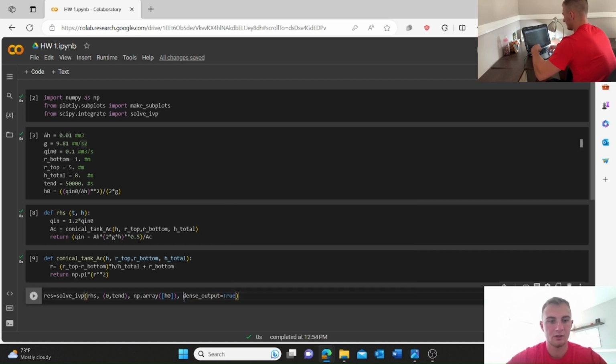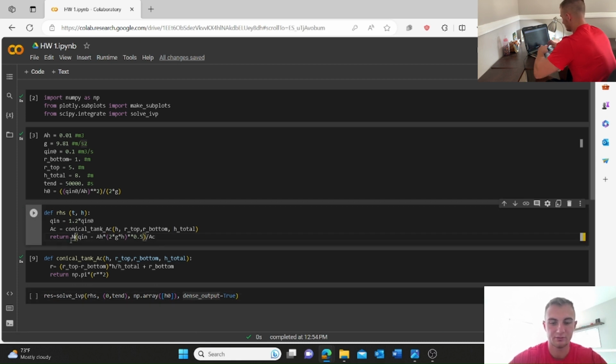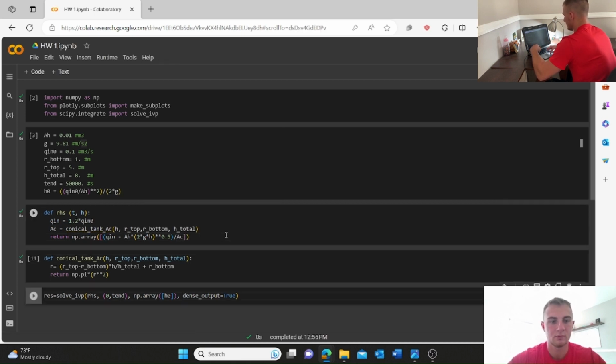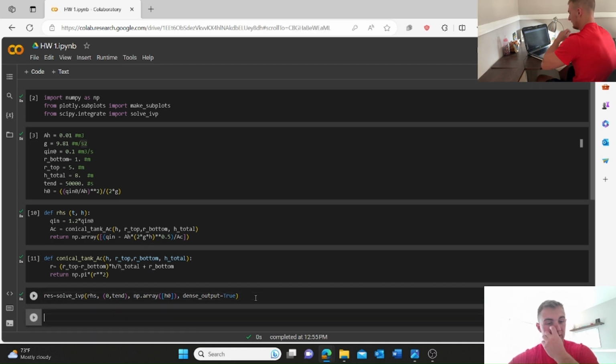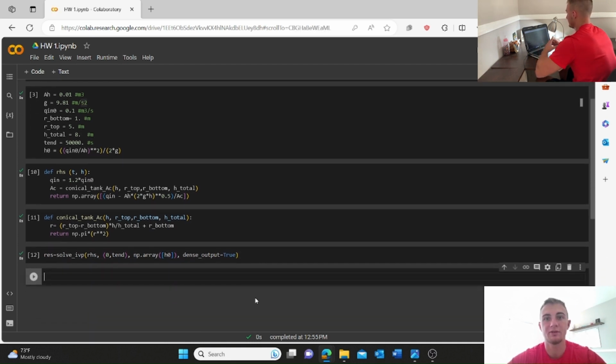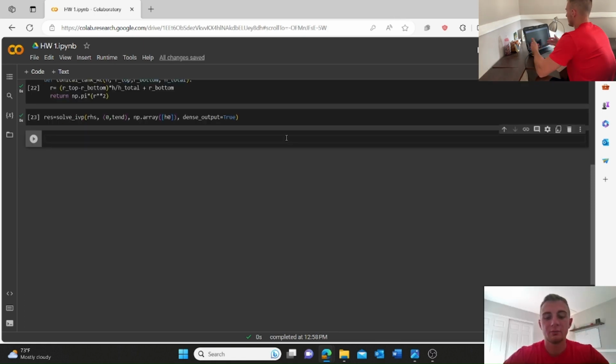Okay. Now I'm going to actually return this right-hand side as an array as well. NP array. Okay, so now we can run this, make sure it runs here, and go ahead and plot this out. So we'll make some plotting points.